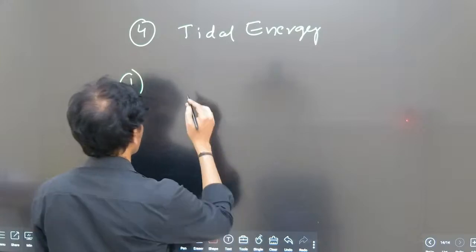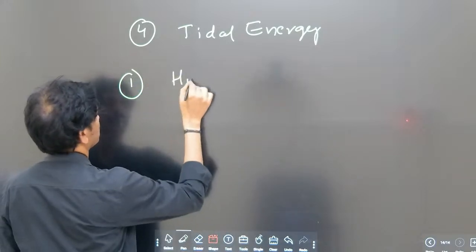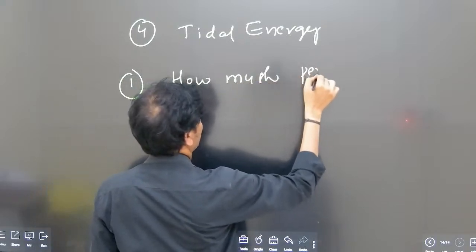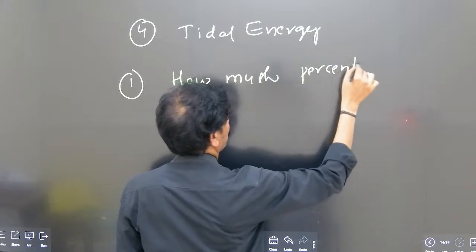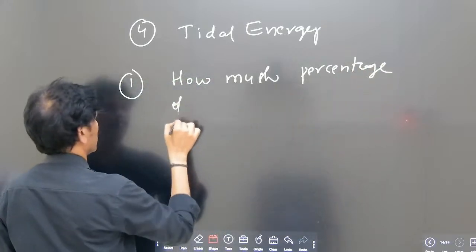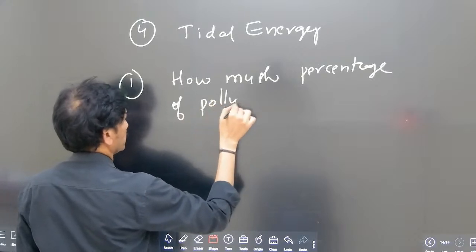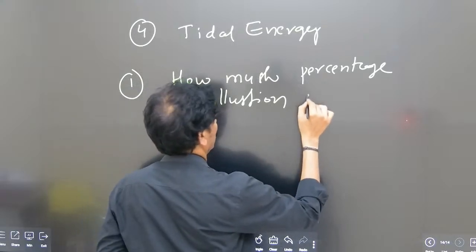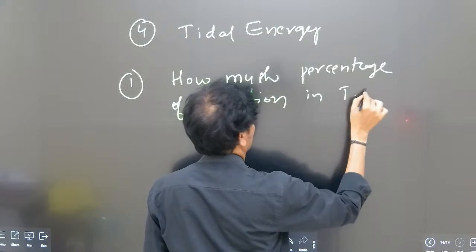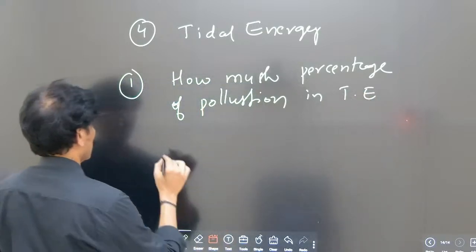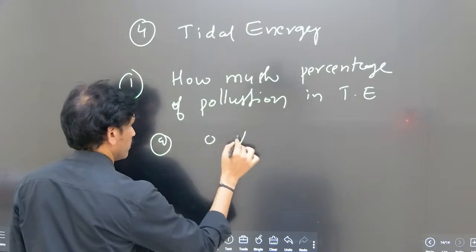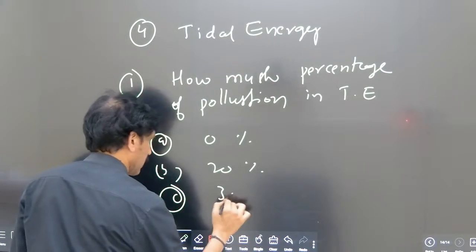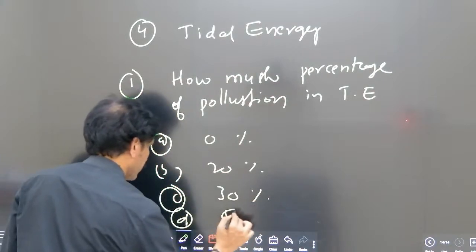What percentage of pollution is there in tidal power stations, tidal energy? A, 0; B, 20%; C, 30%; D, 50%.